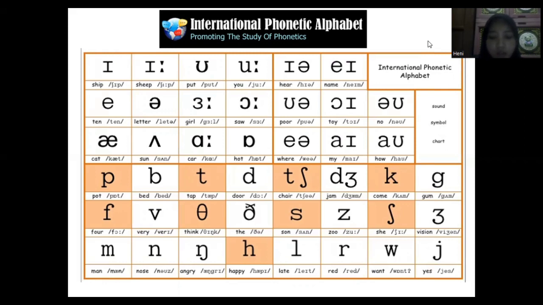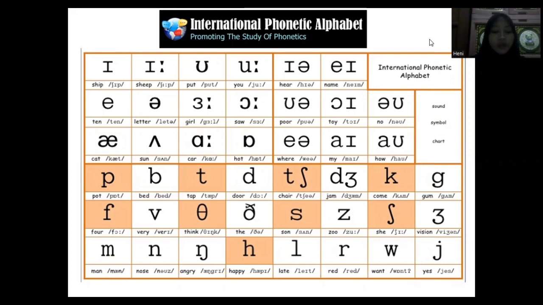The example is vision. In the dorsal area, there is only one consonant, which is h. It is voiceless. The example is happy.